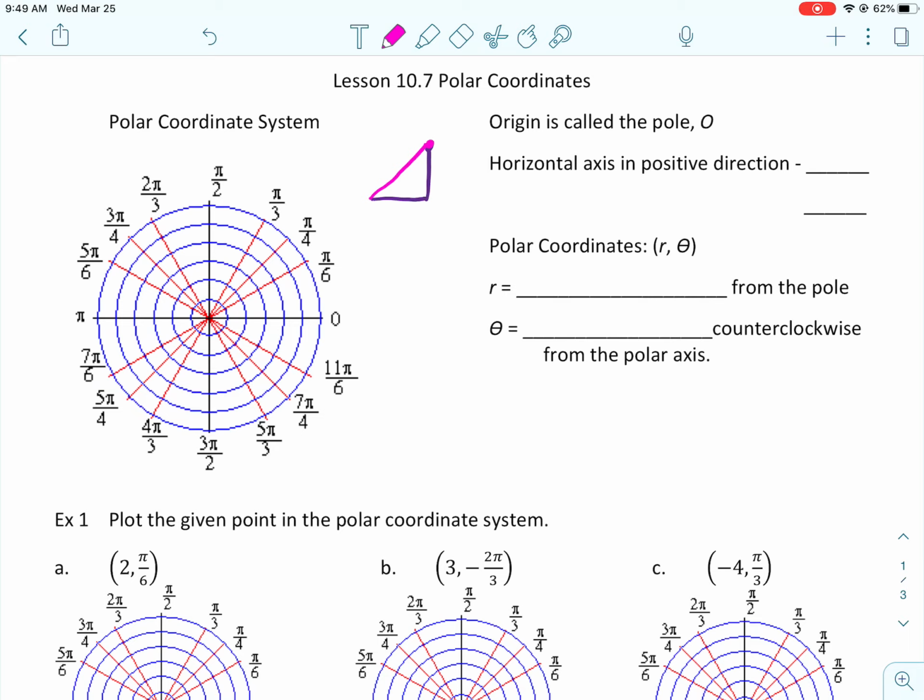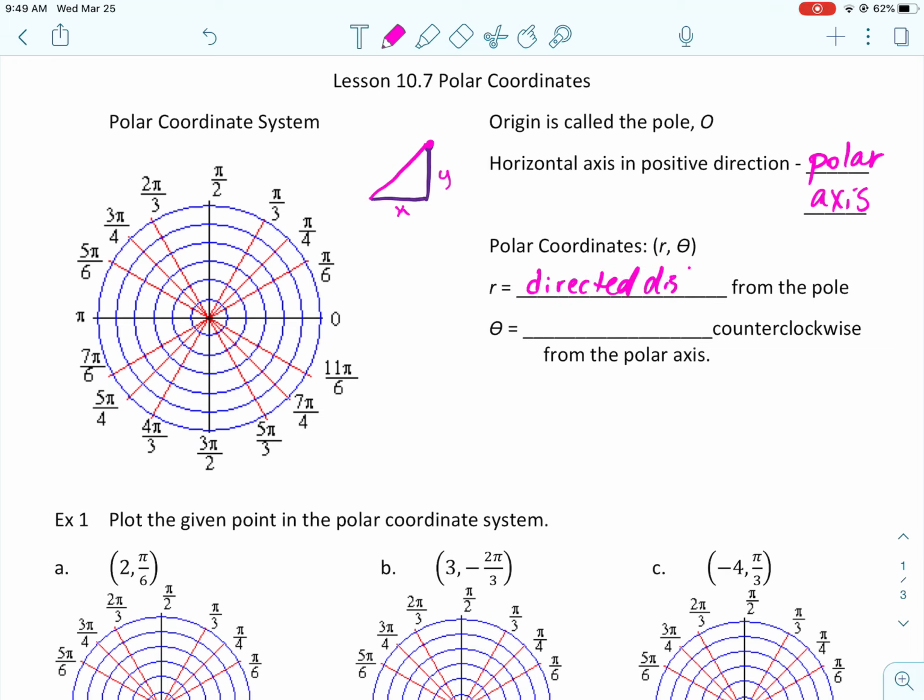So the polar coordinate system is made up of the origin, which is called the pole, and the horizontal axis in the positive direction is called the polar axis. For rectangular you have the x and the y.